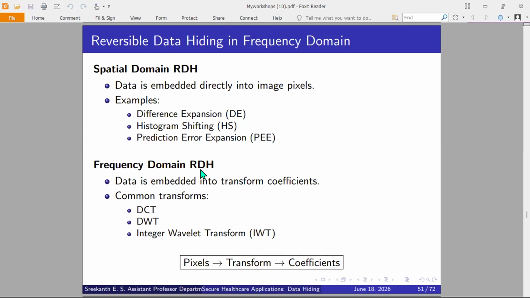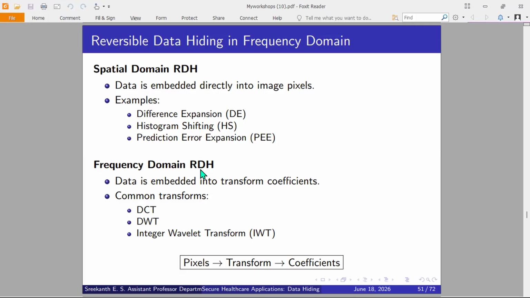That is why we do not much prefer data hiding in the frequency domain. We embed in frequency coefficients: we convert into DCT, the discrete cosine transform, or IWT, embed in the coefficients, and then take the inverse.